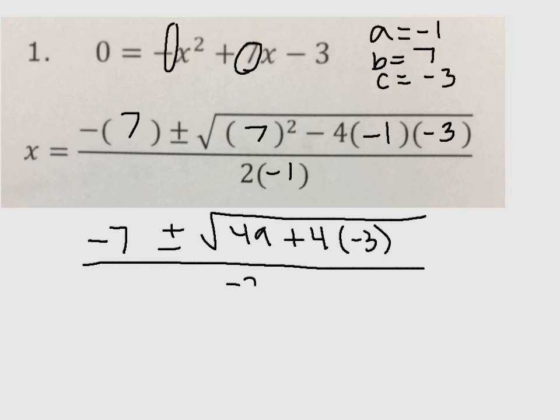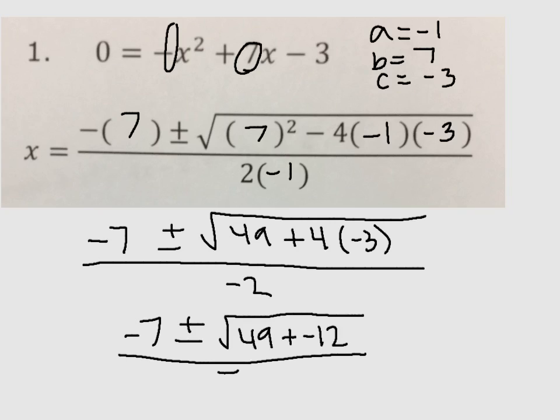All over negative 2. So then we'll do it one more time. 49 minus 12, all over negative 2. I'm going to run out of room here. Then what's 49 minus 12?